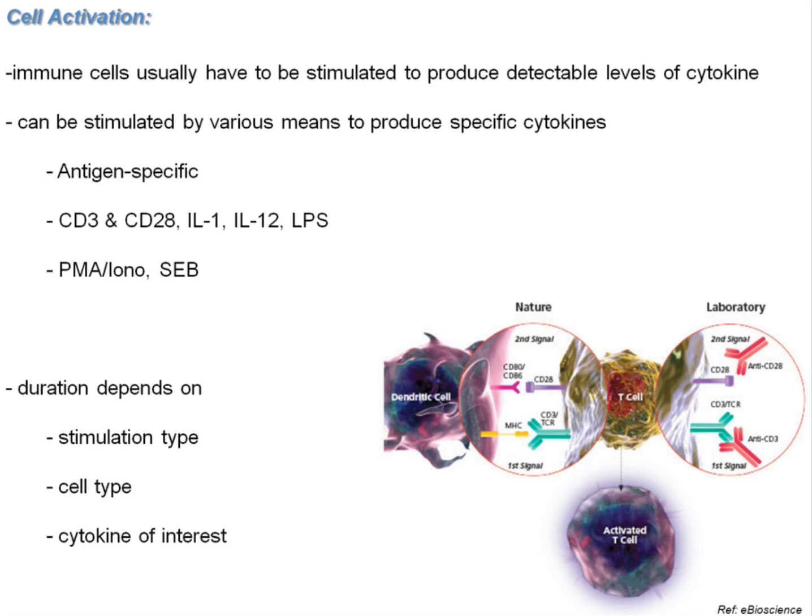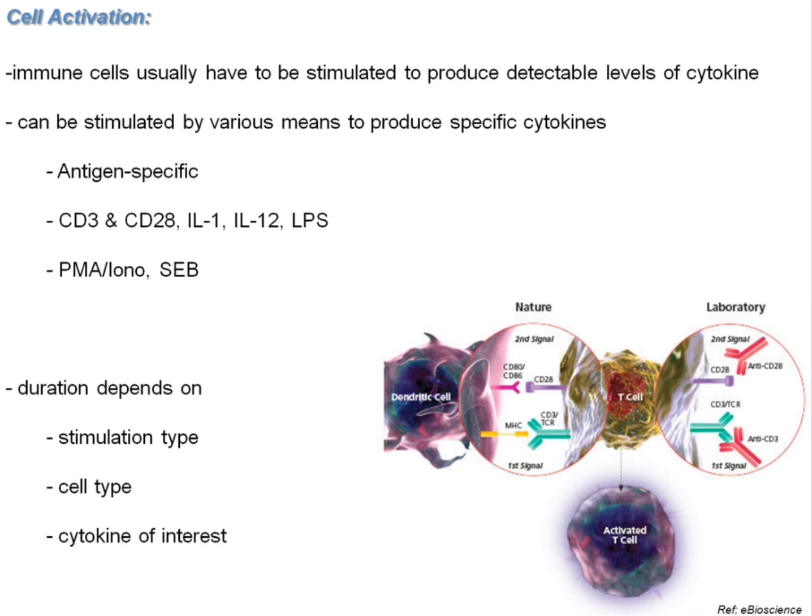And different cytokines need different durations to express. Some cytokines are expressed very fast, while others take days to express in sufficient numbers. So we need to figure that out, and none of these are absolute. They're all things that we usually need to optimize and test in the lab in vitro before we have a robust system.